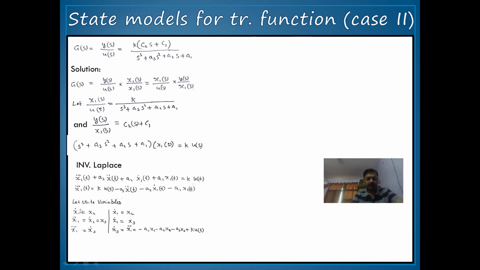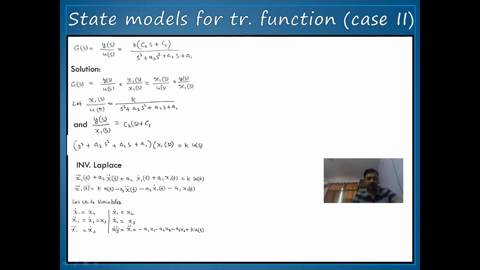We have assumed X1 dot is equal to X2. We have already taken the variable X1, and the next step, X1 dot, the first derivative of X1 with respect to time t, we assume as X2, and X1 double dot, the second derivative, we assume as X3, and X1 triple dot is represented as X3 dot.